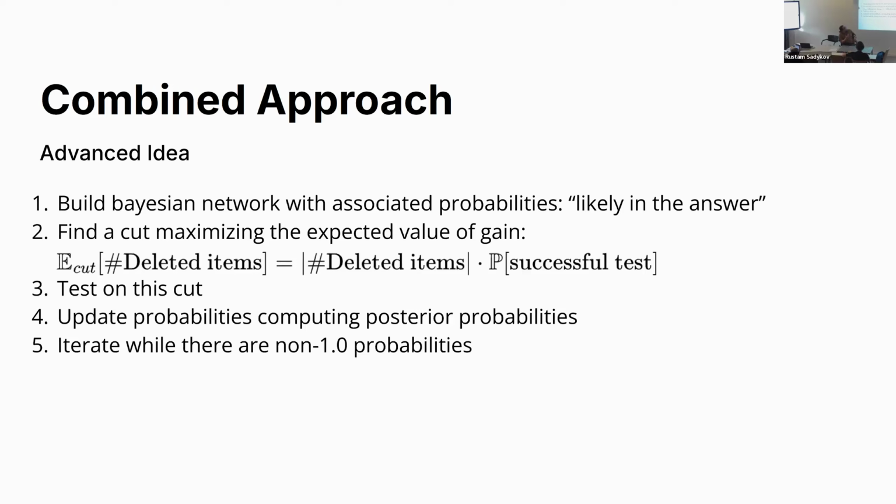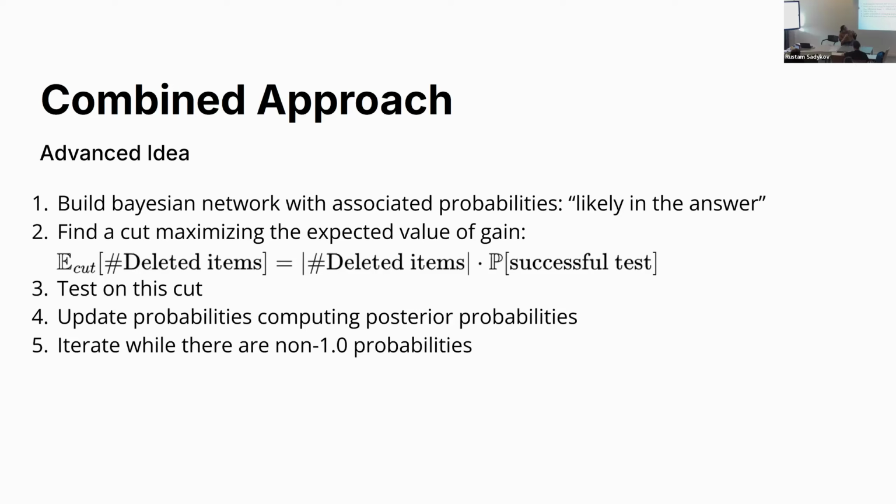For example, we can use a Bayesian network on the dependencies. Probabilities will mean something like: likely to be in the answer, and so on. Then we should try to find the cut that maximizes the expected value of gain, which is just the number of deleted items when the test on this cut is successful.